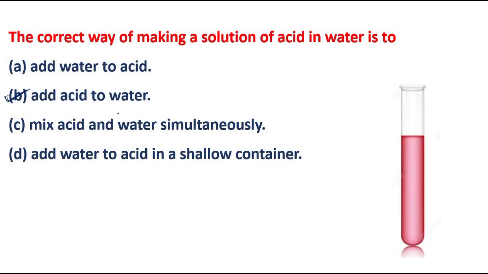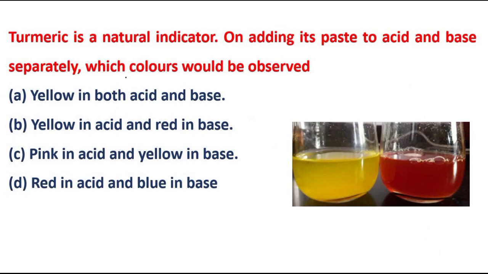Here we go with the next question. Turmeric is a natural indicator. On adding its paste to acid and base separately, which colors would be observed? See, when we add acid to the turmeric indicator, it remains as it is.